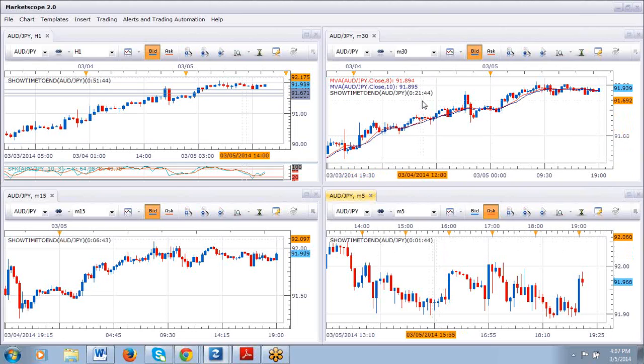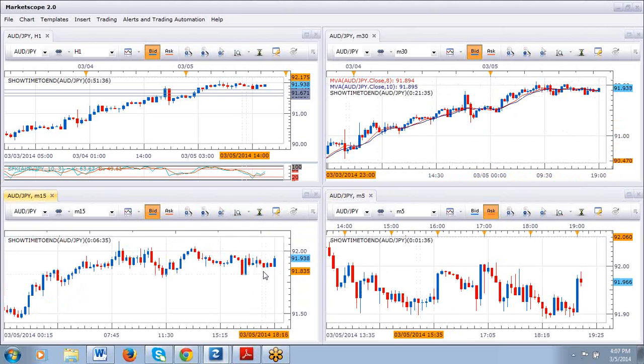There's still quite a lot. And the 30 minutes can translate, it can all the way go up to 92.04. Yeah, in about 6 minutes, this can easily drop here too. Much better price points, getting about 91.90, 91.93. Right, Aussie against the Japanese yen. Where are you? Sell, buy.